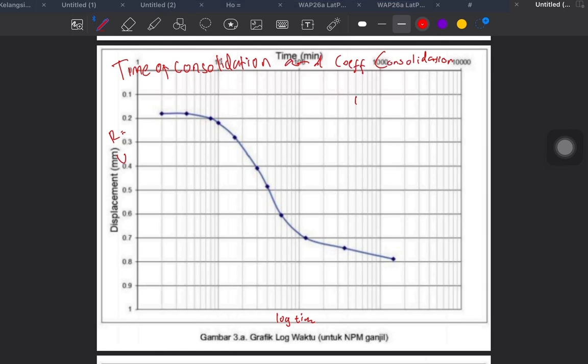And there's t50 and t90. That is the time required for the soil specimen to reach a percentage of primary consolidation. The t50 is the time required to reach 50% of primary consolidation, and t90 is the time required to reach 90% of primary consolidation.